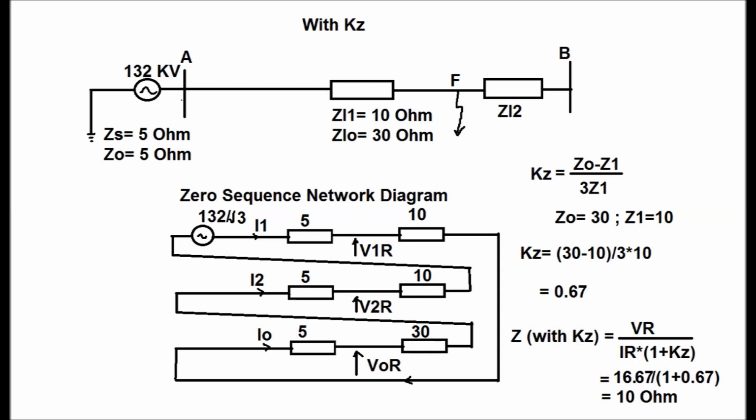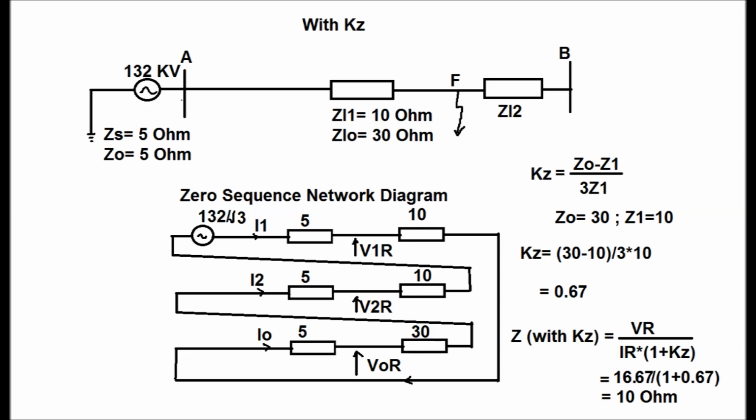So the distance relay, which measures the distance in terms of impedance, is Z equal to VR divided by IR into 1 plus Kz. So VR by IR is 16.67, divided by 1 plus 0.67, which comes as 10 ohm.